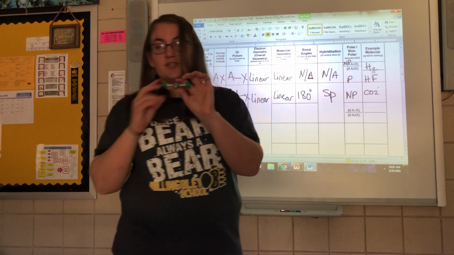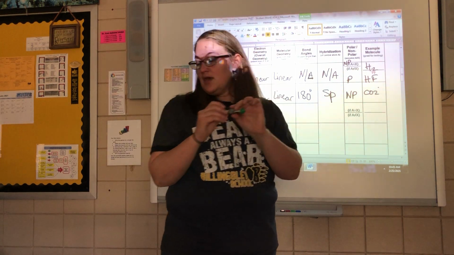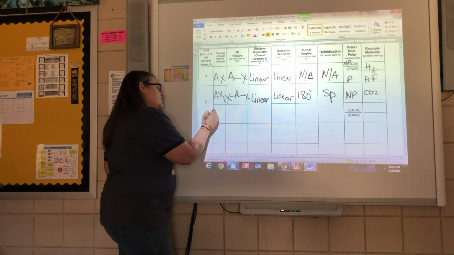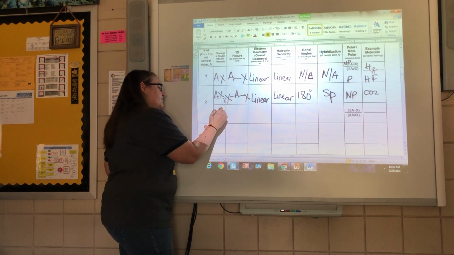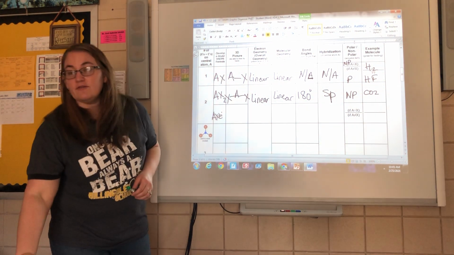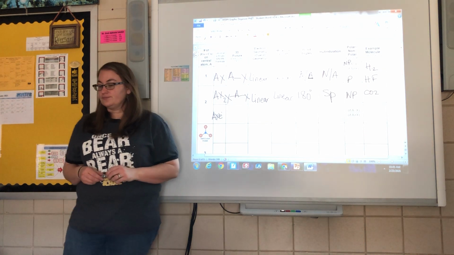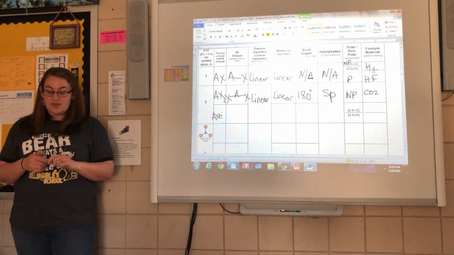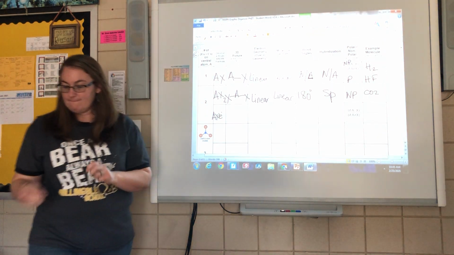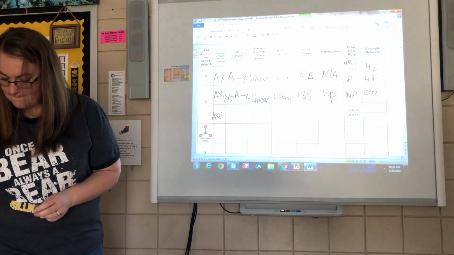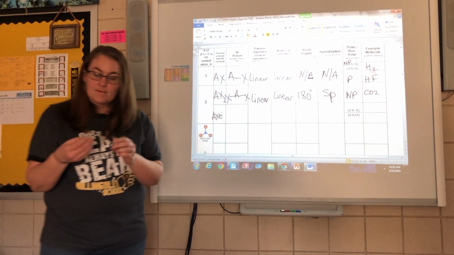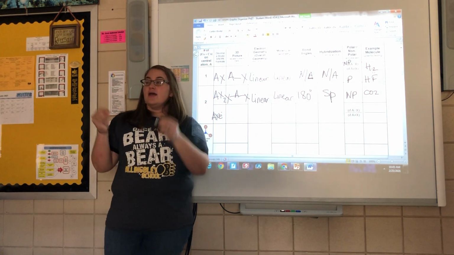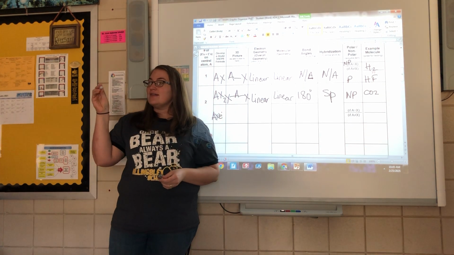Now, let's change this up a little bit, and let's say that we're going to call this next one AXE, and the E is going to stand for electrons. So let's say that we have an A and an X, but we also have some other valence electrons.